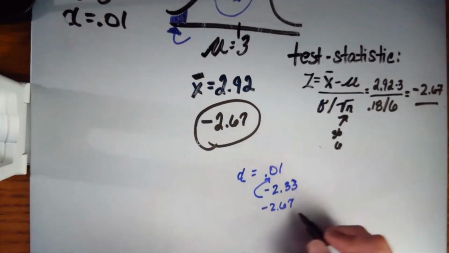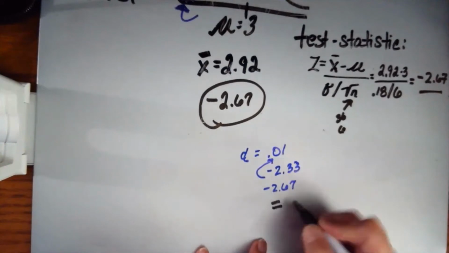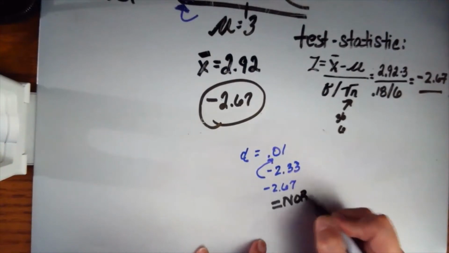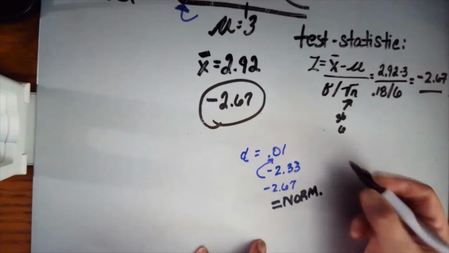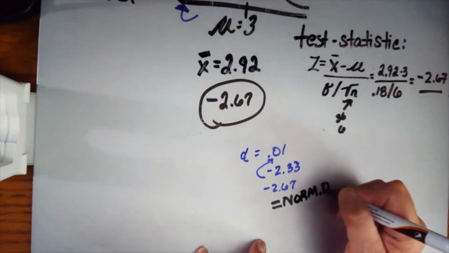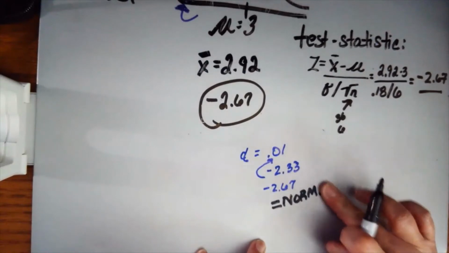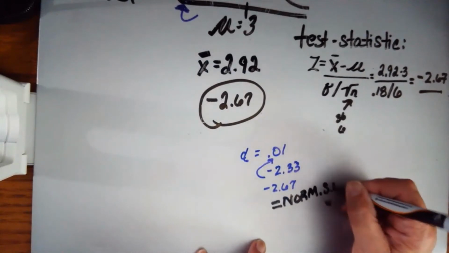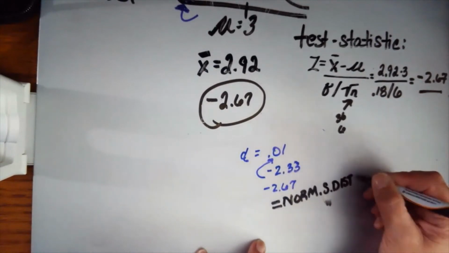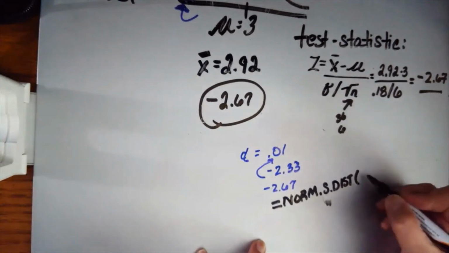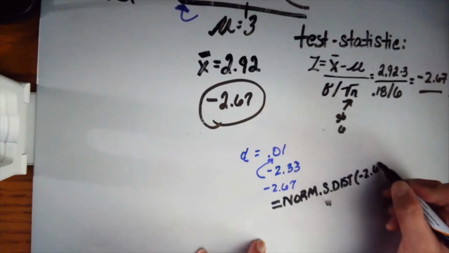In Excel, you would put the formula equals NORM.S.DIST. And then in your parentheses, you're going to put your z value. So in this case, it is negative 2.67.